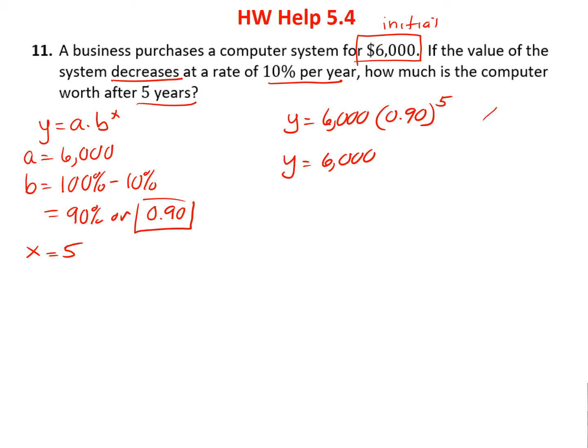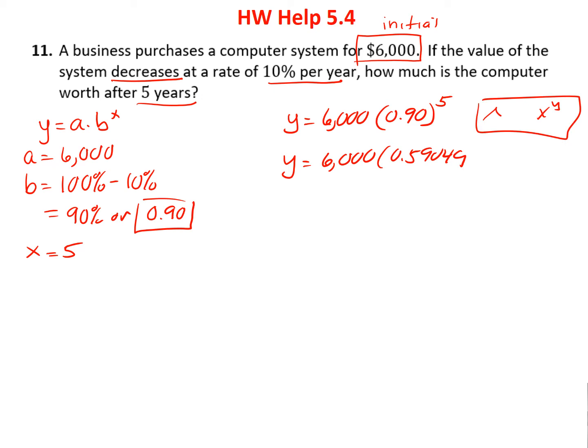You're either using a key that looks like that or that one. So I'm going to type in 0.9 and then that key, and then 5. And I end up with 0.59049.